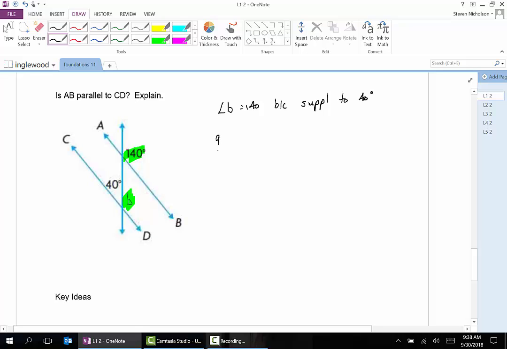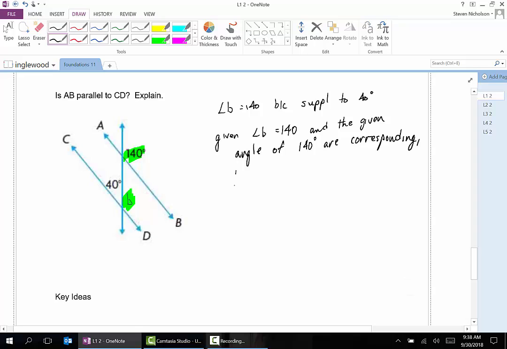Now, given angle B is equal to 140 degrees, and the given angle of 140 degrees are corresponding, they're matching, the lines are parallel.